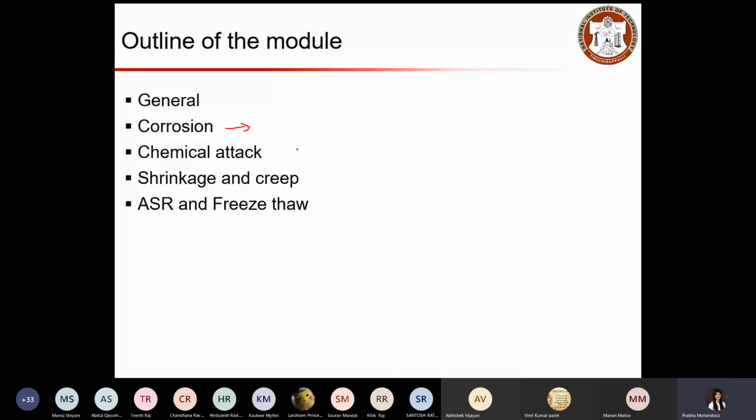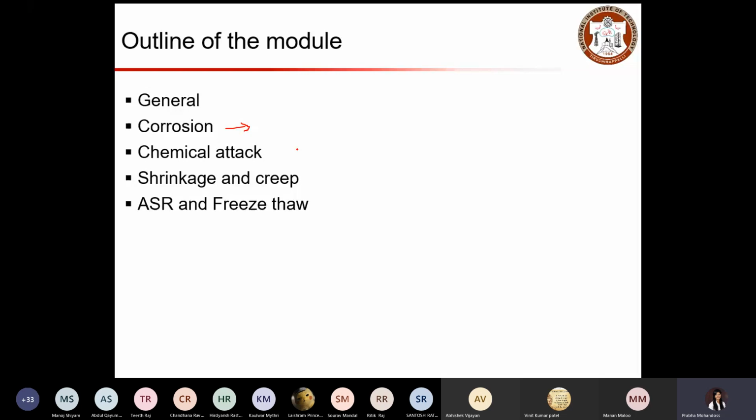And then we have some mechanical deterioration and long term effects, that is shrinkage and creep. You are familiar with shrinkage by now. We discussed in various aspects how shrinkage affects the fresh properties. Similarly, shrinkage not only plays a role when your concrete is in the fresh stage, but it also affects the performance when your concrete is in the hardened stage.